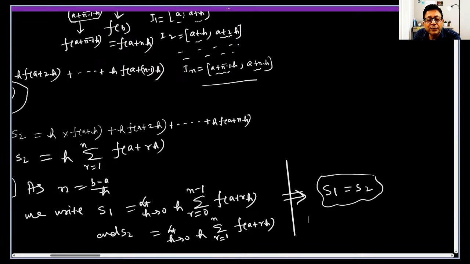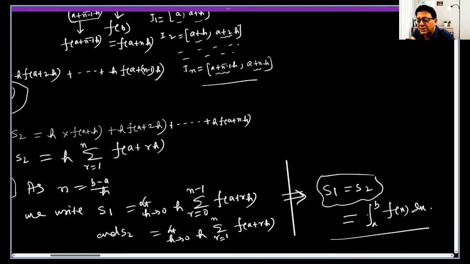But this way, when you say that S1 we are making equal to S2, then these two sums will represent the sum under the condition when length of interval tending to 0. This is definite integration within limits. The value of these two sums will be equal to integral a to b f(x) dx. Definitely I will give you a geometrical proof of it. Why will these two be equal?